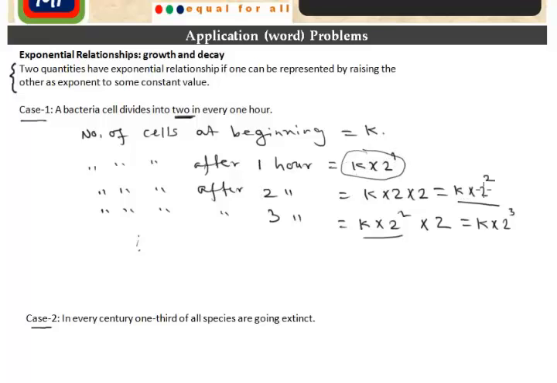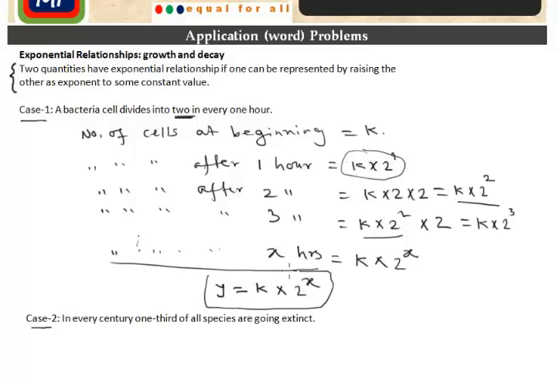After 2 hours K times 2 to the power 2. After 3 hours it is K times 2 to the power 3. So in this way, the number of cells after X hours will be K times 2 to the power X. And if we represent the number of cells after X hours as Y, then Y will be K times 2 to the power X.